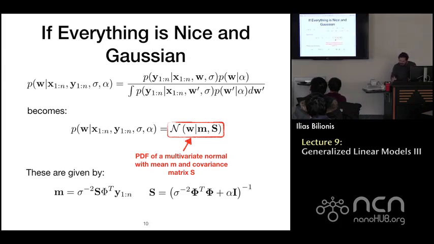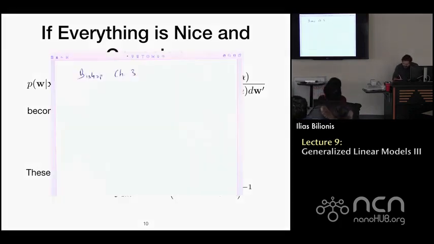You're basically taking the likelihood and multiplying it with the prior. This is equivalent to taking the log of the likelihood of w given sigma, and adding to it the log of the prior of the weights.